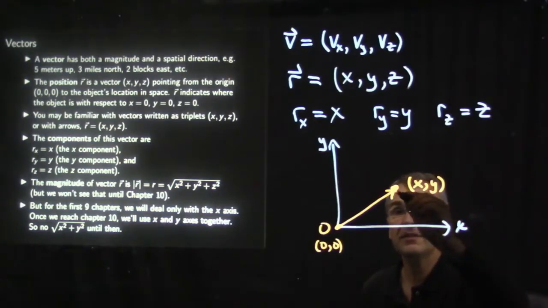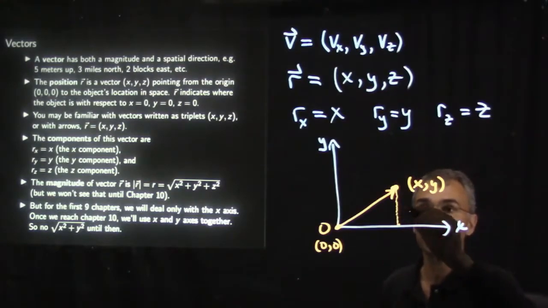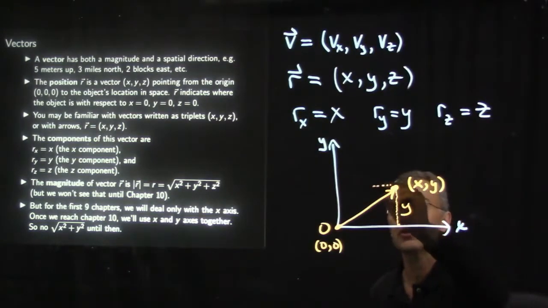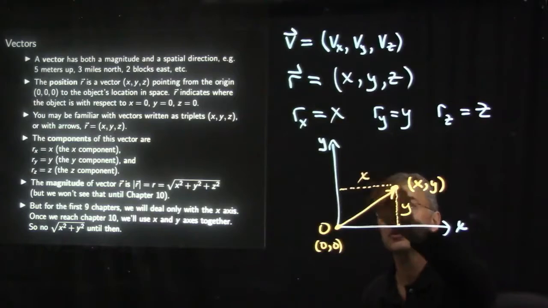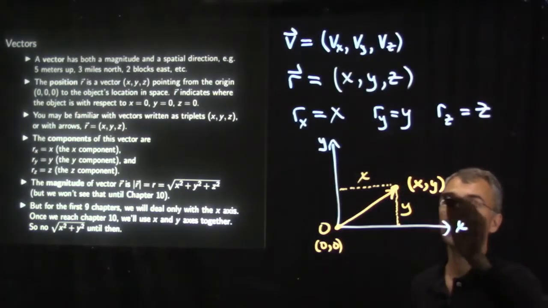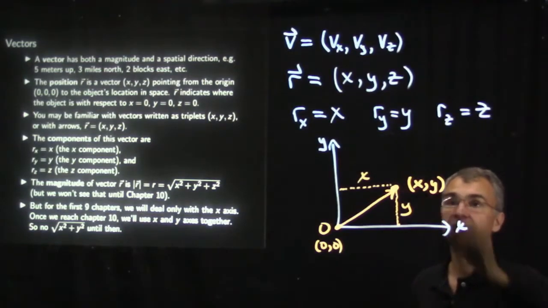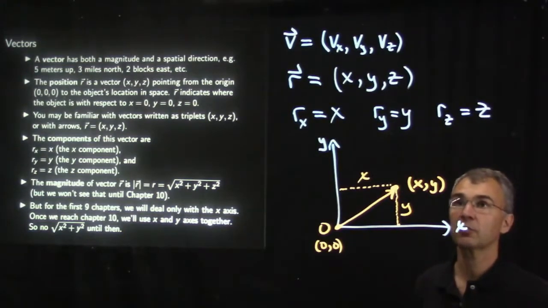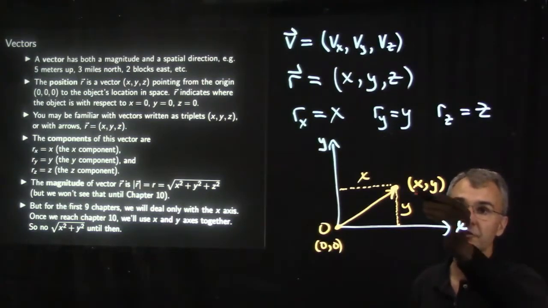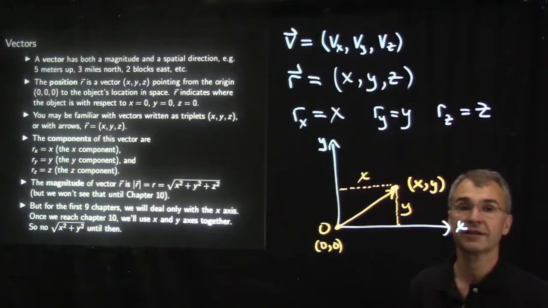And then this distance up from the horizontal axis we call y, and this distance over from the vertical axis we call x. And then we often, in secondary school math class, write this as an ordered pair, x comma y. And if you took high school physics, you probably learned to generalize this to x comma y comma z. You might have seen it in your calculus class also, for 3-dimensional vectors.